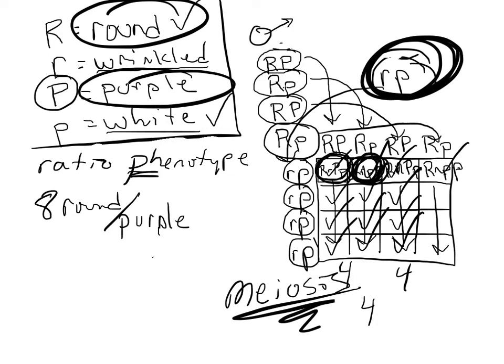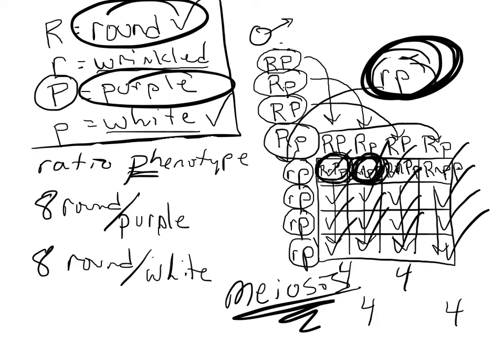So these 4 are also round and white. This gives us 8 round white individuals. Since 8 plus 8 is 16, we know we've accounted for all the individuals here.